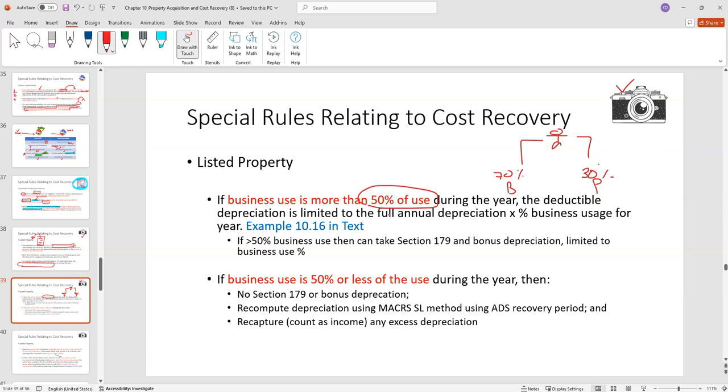How much depreciation does he get? Well, we figure out a full year of depreciation on that camera. Let's just say it was $1,000 when we ran it through the table. We then multiply it by 70%, and Peter in this case would only get $700, commensurate with his business use.